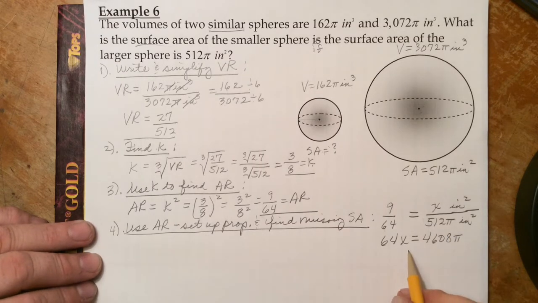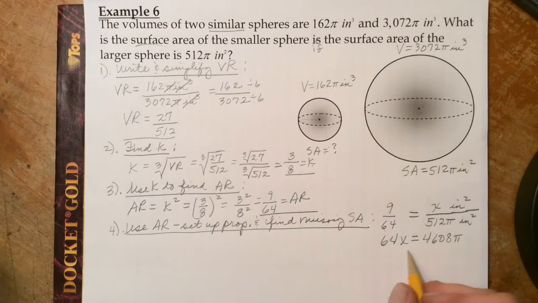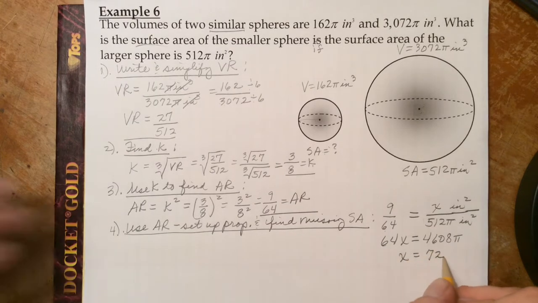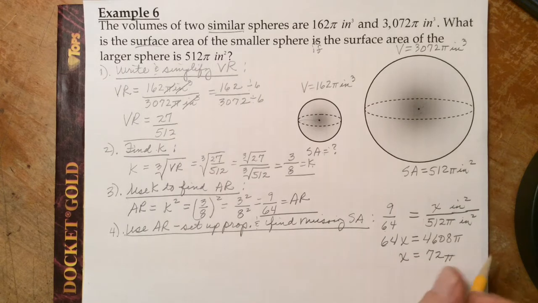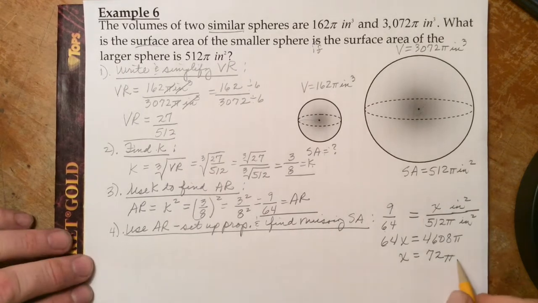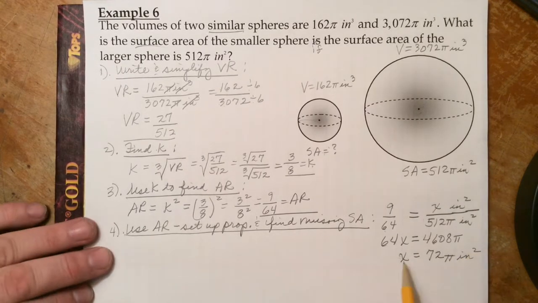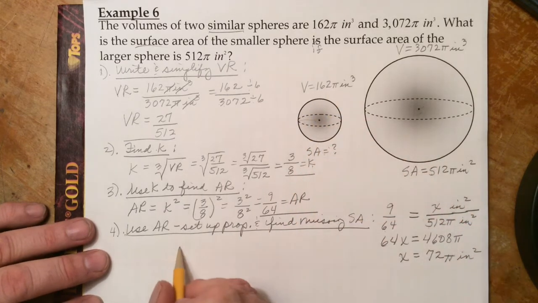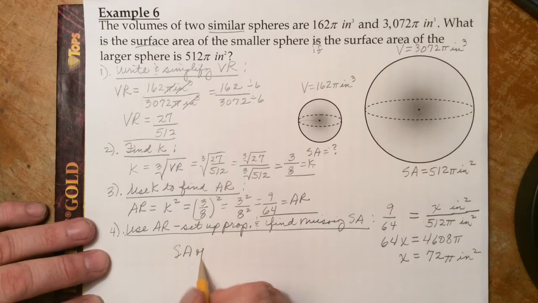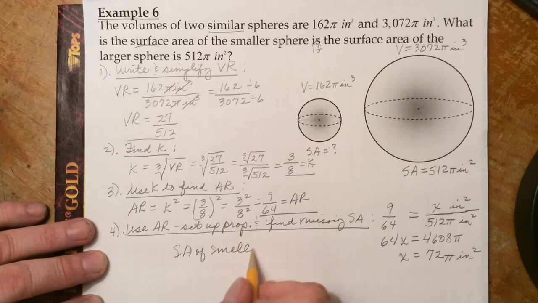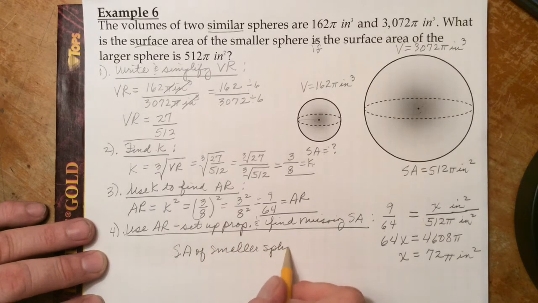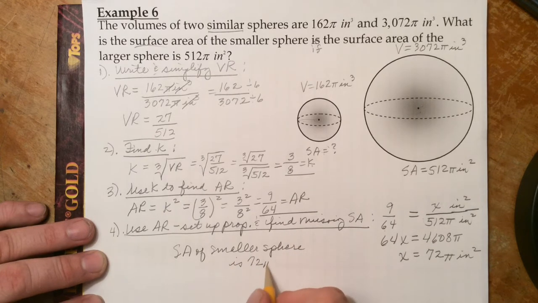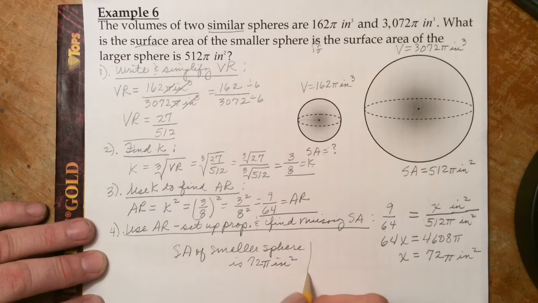Dividing both sides by 64, we do that and we get 72 pi square inches. So the surface area of this sphere, of the smaller sphere, is 72 pi square inches. We found the surface area.